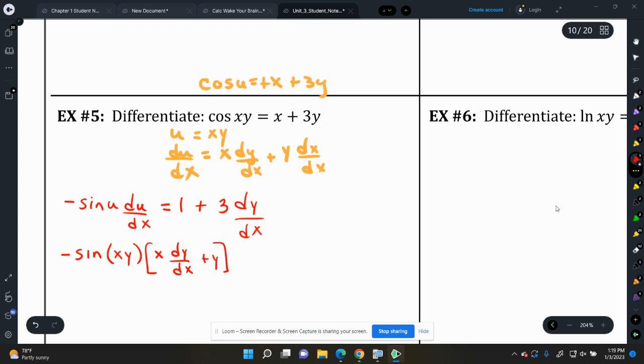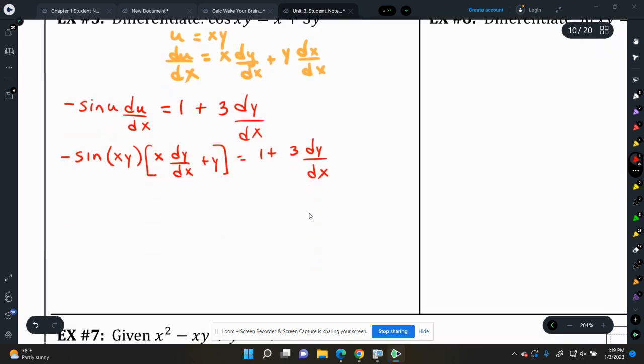This is nasty. Oh, you did the product rule. Okay, somehow we've got to get that dy dx by itself. Where did this x right here come from? That came from the derivative of u. First times the derivative of the second, plus the second times the derivative of the first.